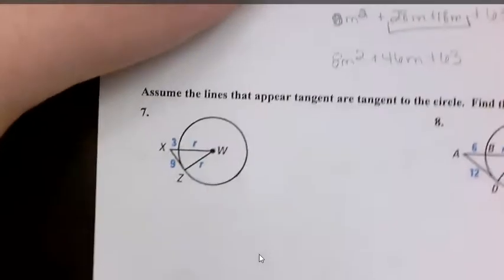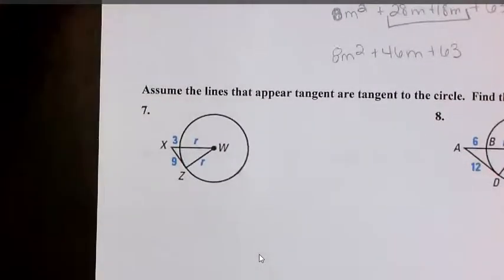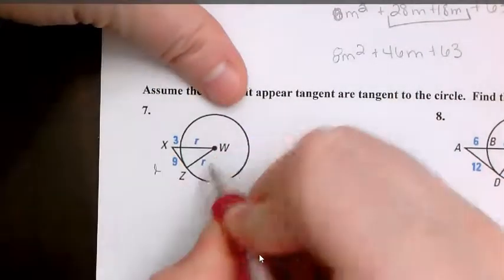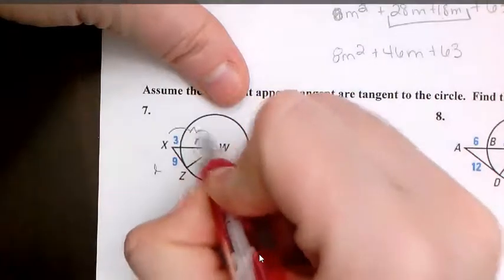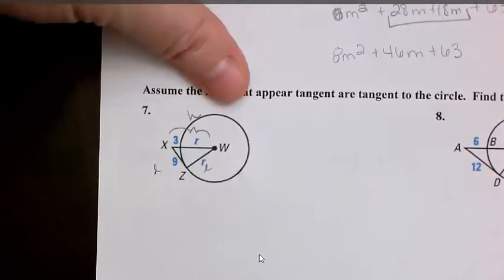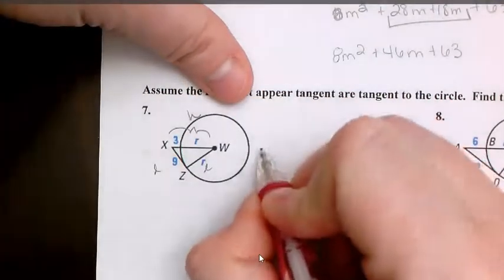What we're going to do with this next one is we're going to do some finding missing radius when you have xz as your tangent to the radius of wz. So we have a leg, and your hypotenuse. Your hypotenuse is 3 plus r.